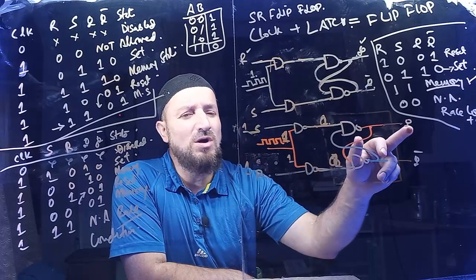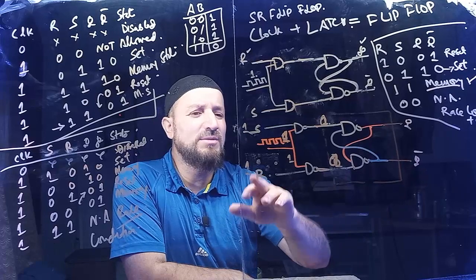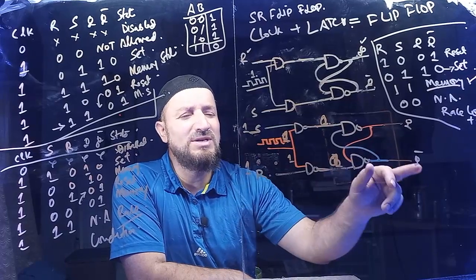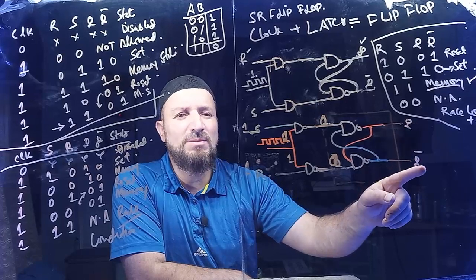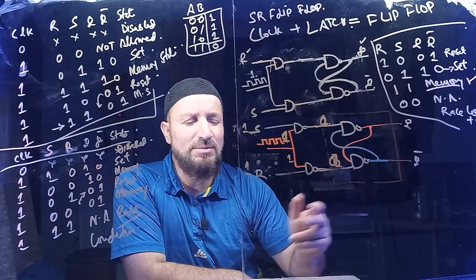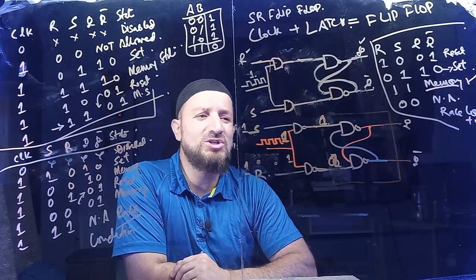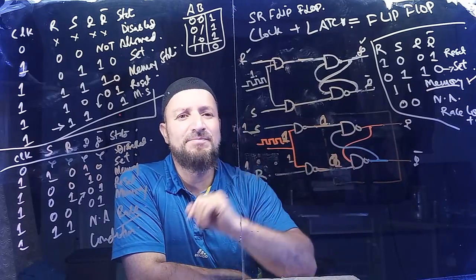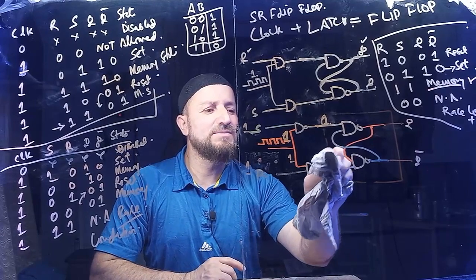So S and Q are lined together, and R and Q complement are lined together, because S means set and R means reset. And for set, Q is 1, and for reset, Q complement is 1. So R with the Q complement seems a better combination, and S with the Q seems a nice combination, and we can achieve that if we use everything as a NAND gate. I'm using all NAND gates everywhere.